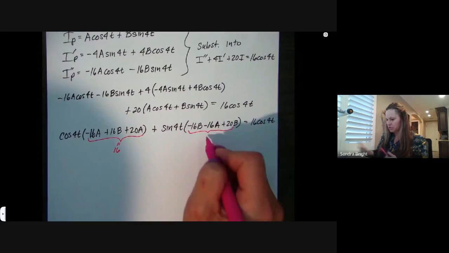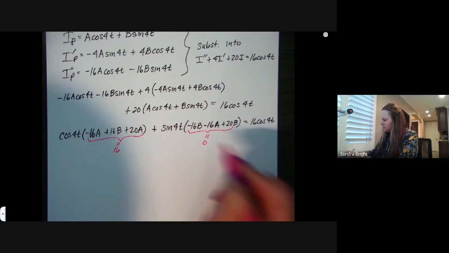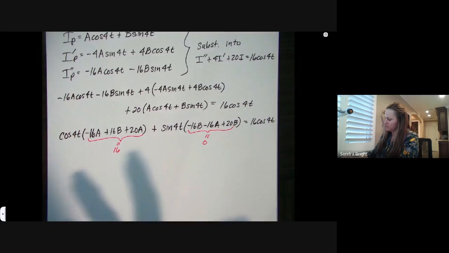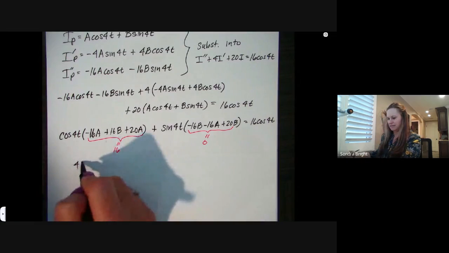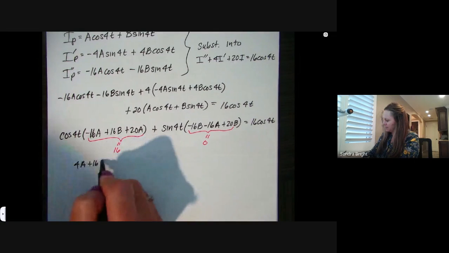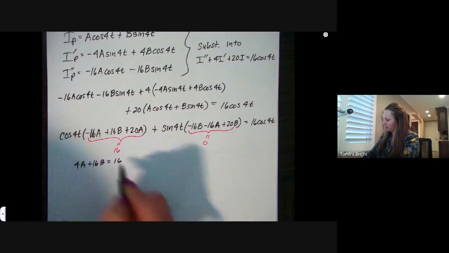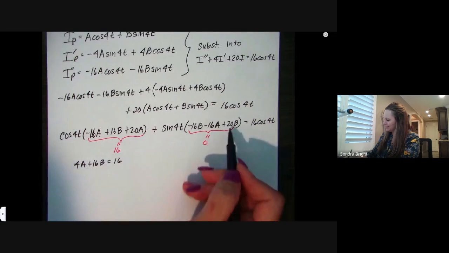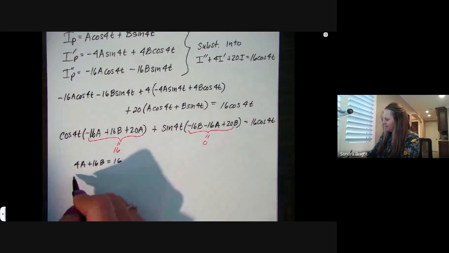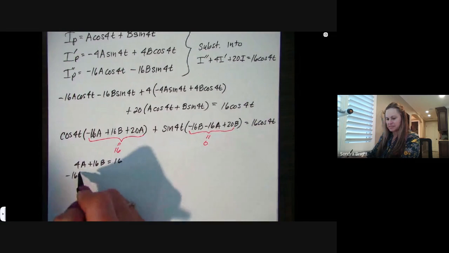So now I've got two equations, two unknowns. This equation would be what? 4a plus 16b is equal to 16. And this would be what? Minus 16a plus 4b must equal 0.